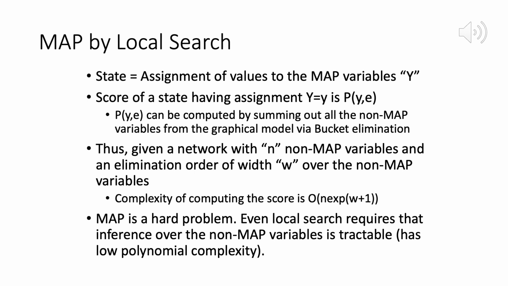So what we need is the bucket elimination algorithm over the non-MAP variables to have low polynomial complexity in order to yield a practical local search scheme for solving the MAP problem.